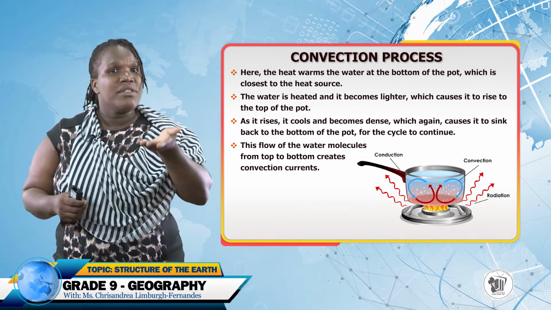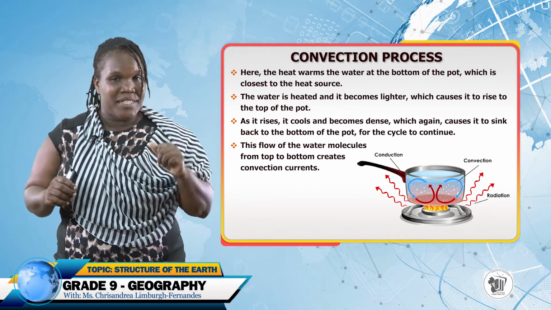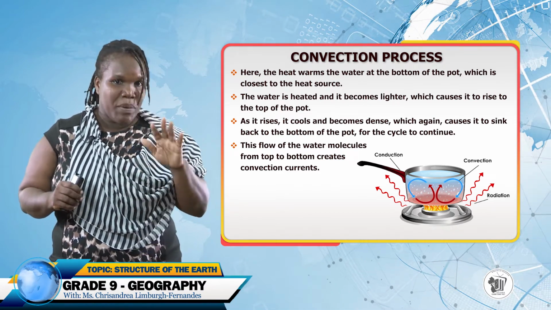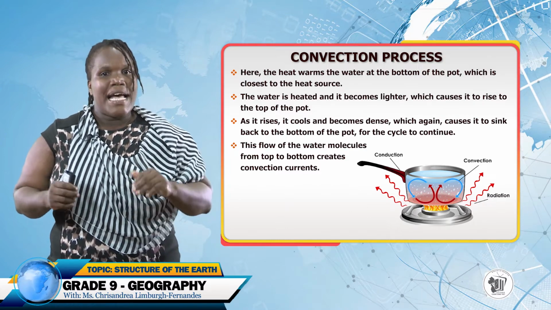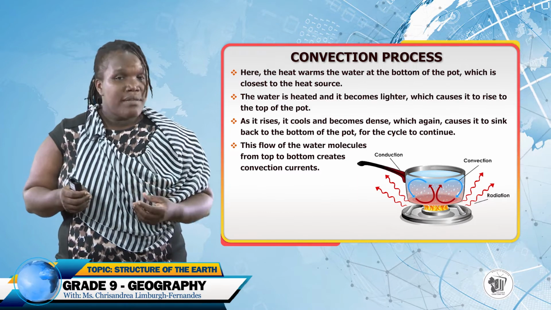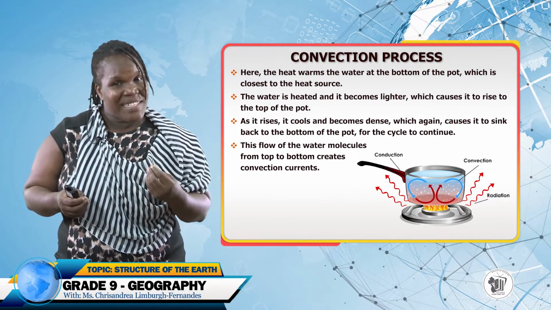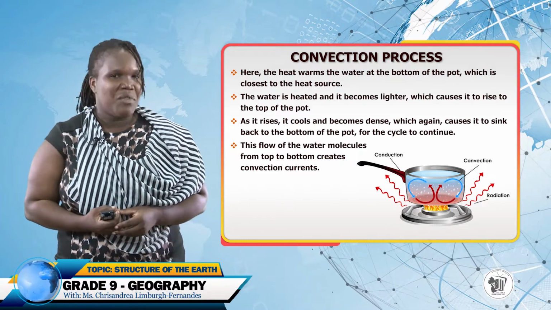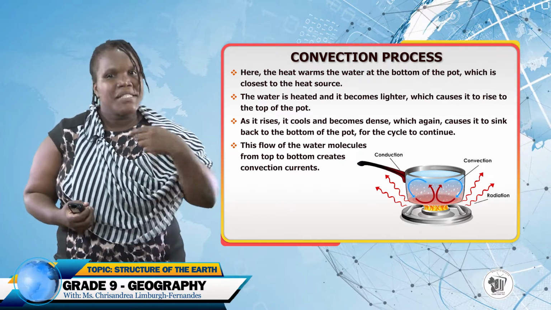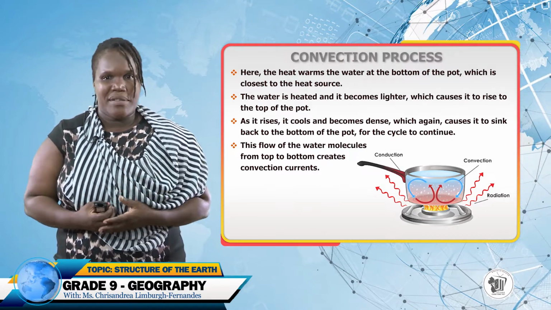As the molecules rise, they cool, indicated by the blue part of the pot, right? Once it cools, it becomes heavy again, so it sinks to the bottom of the pot.